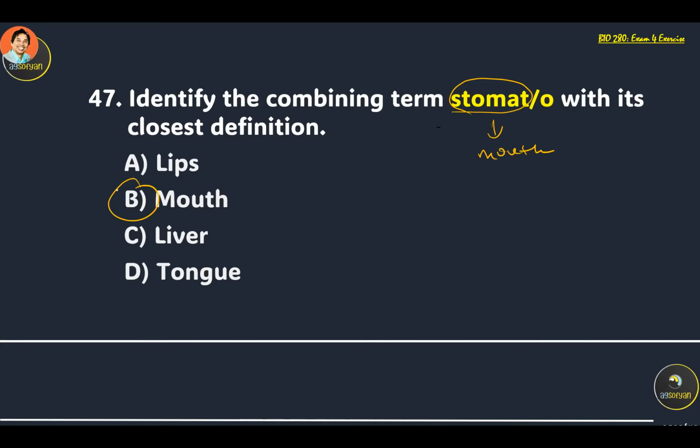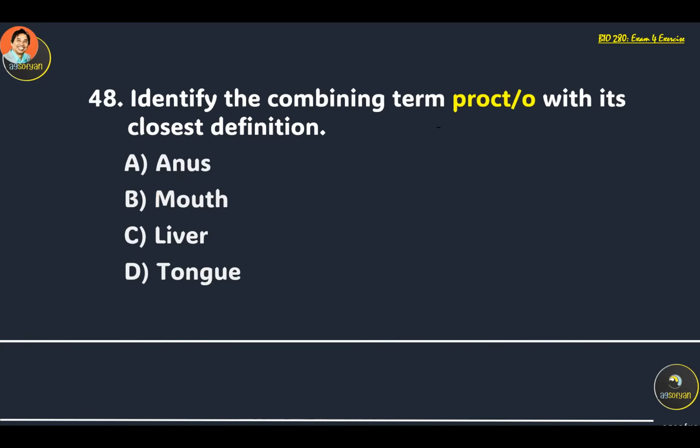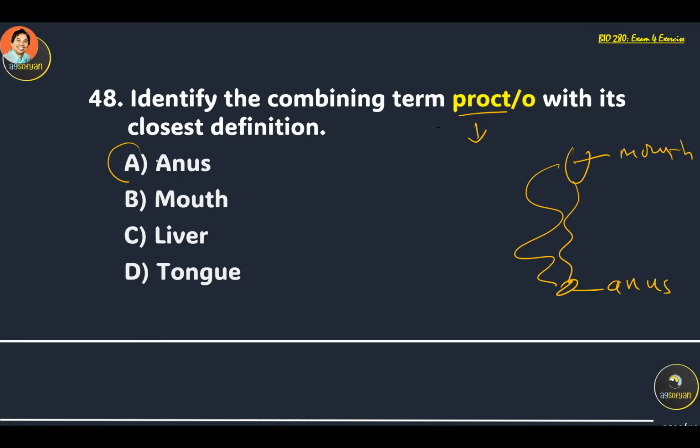The whole mouth. Procto. So procto, A, B, C, or D. This is the opposite of the mouth, which is at the other end of our alimentary canal or our digestive tract. In one end we have the mouth, and then it continues, there is an anus over here. So this one will be anus, procto.